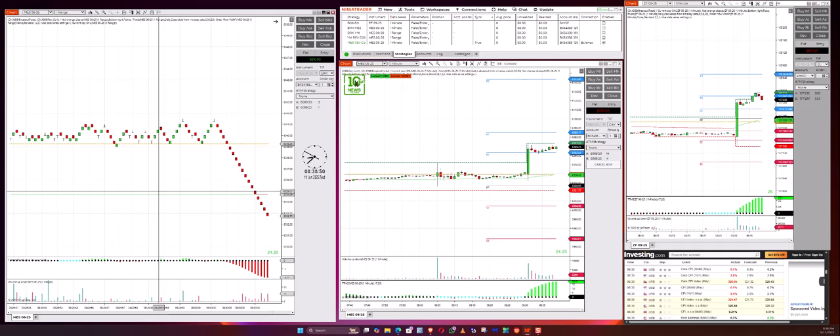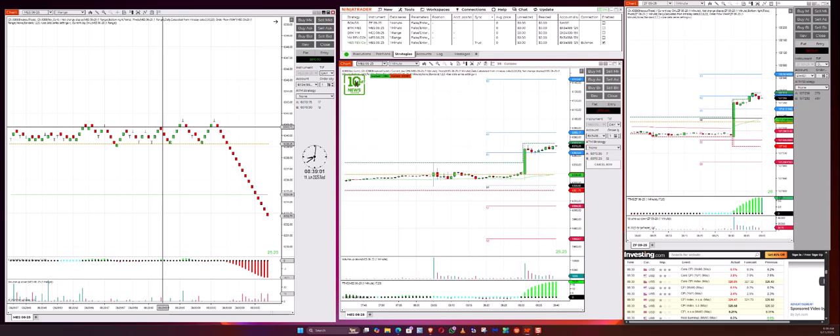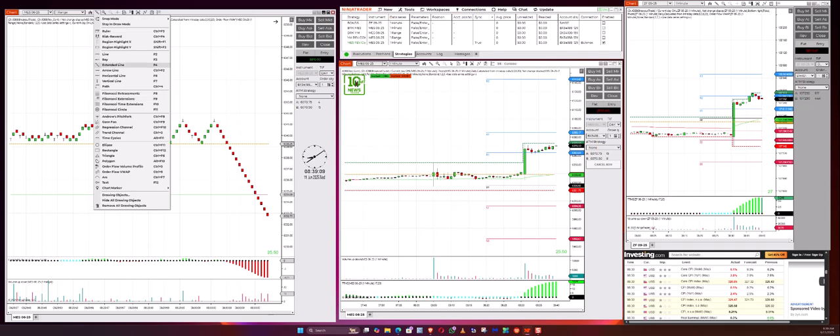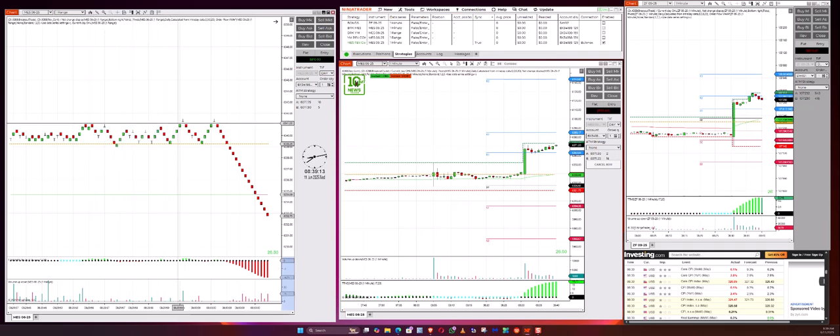Ballparking it right here. What we use on the ES, was it a 20 or a 30 bracket? I have to look at the DOM. 20 on the MES. So if you look at 59, it's right here.